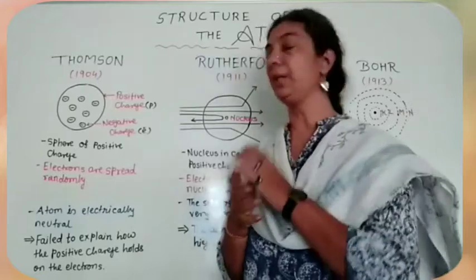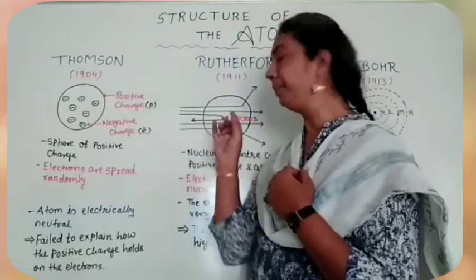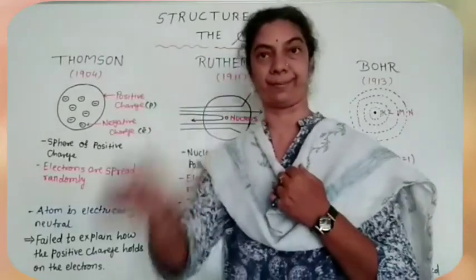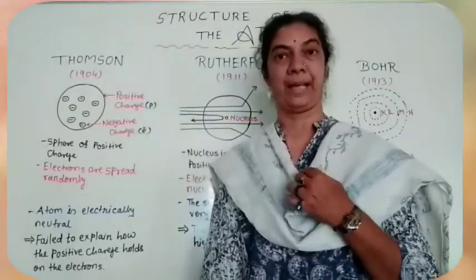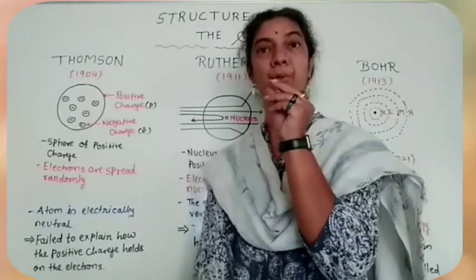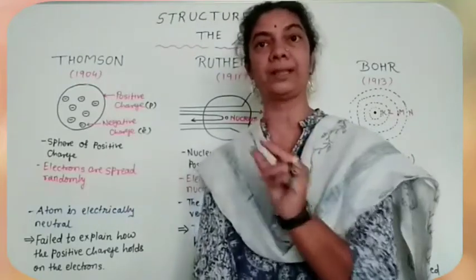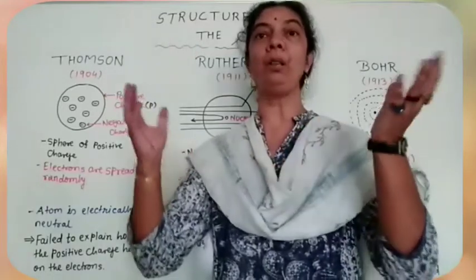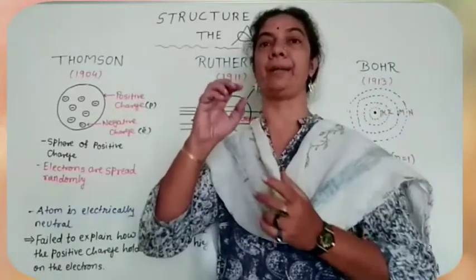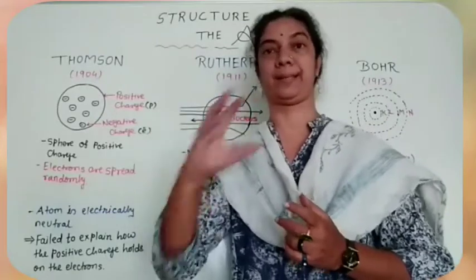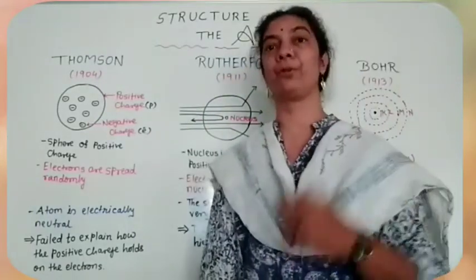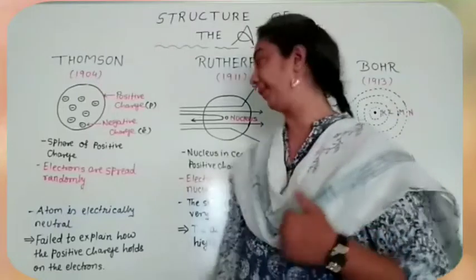So the other conclusion we get is that something positive is at the center. And this something positive, which has a very small size, has almost all the mass of the atom. At that time the name nucleus was not known, it was given afterwards.